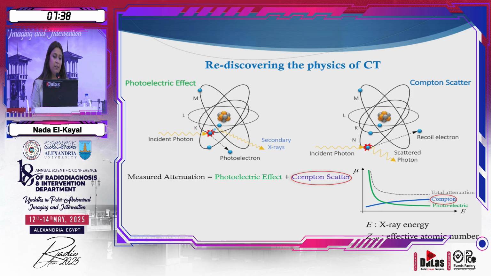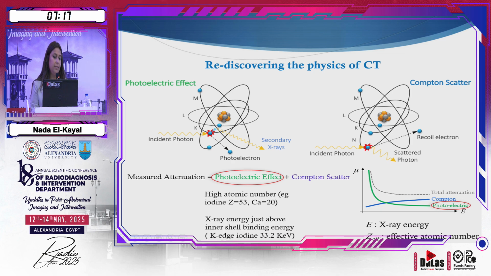Compton scattering varies little with the change of energy, whereas the photoelectric effect is highly energy dependent. Also, the photoelectric effect dominates in absorbers of high atomic number, such as iodine, which is the contrast agent used in CT. It also increases when the energy of the X-ray photon is just above the inner shell binding energy of the absorber, which is 33.2 keV for iodine.